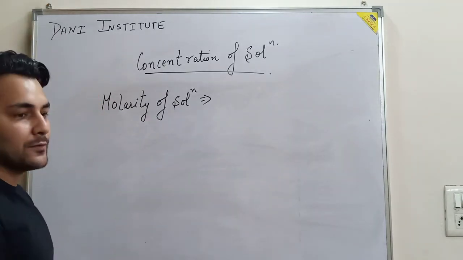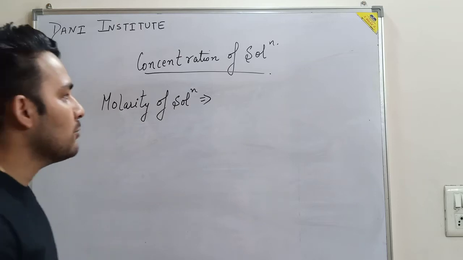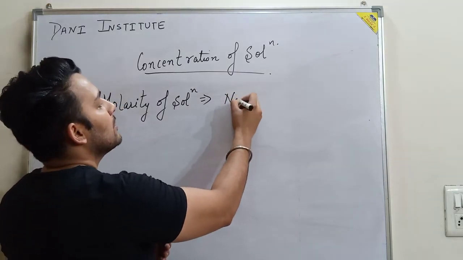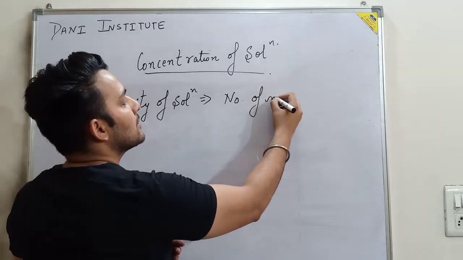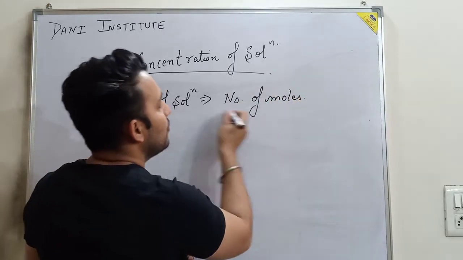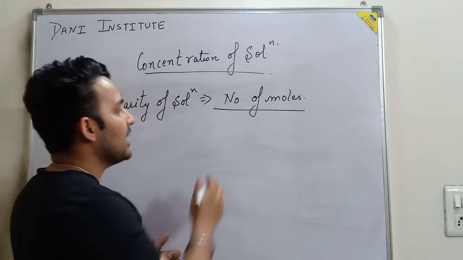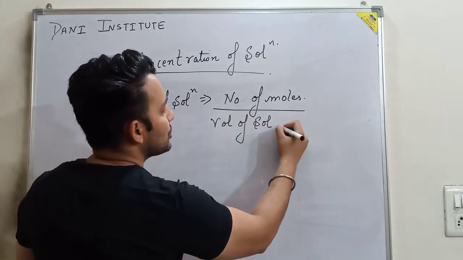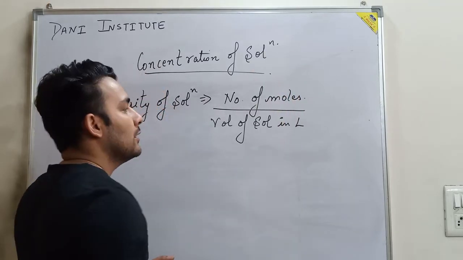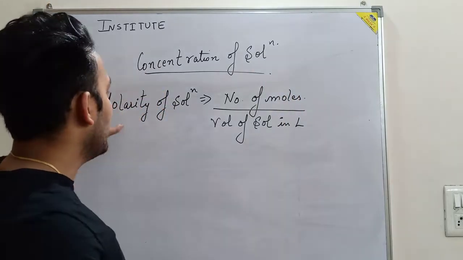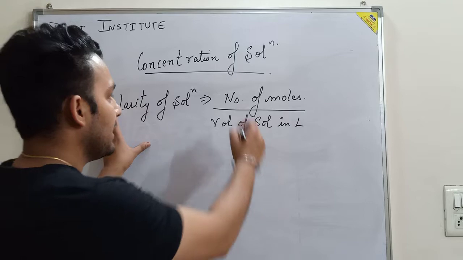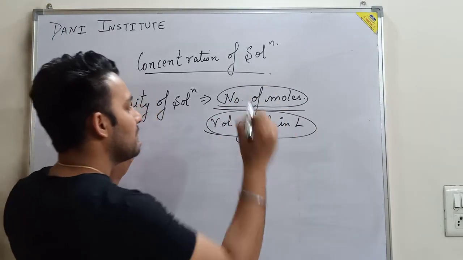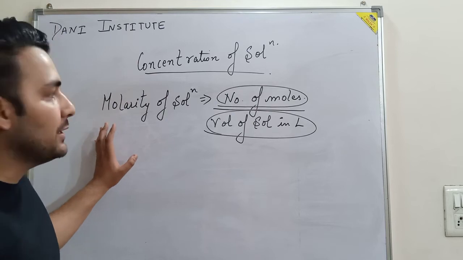What is molarity of solution? In plus one you learned molarity. What is molarity? It is defined as the number of moles divided by volume of solution in liters.